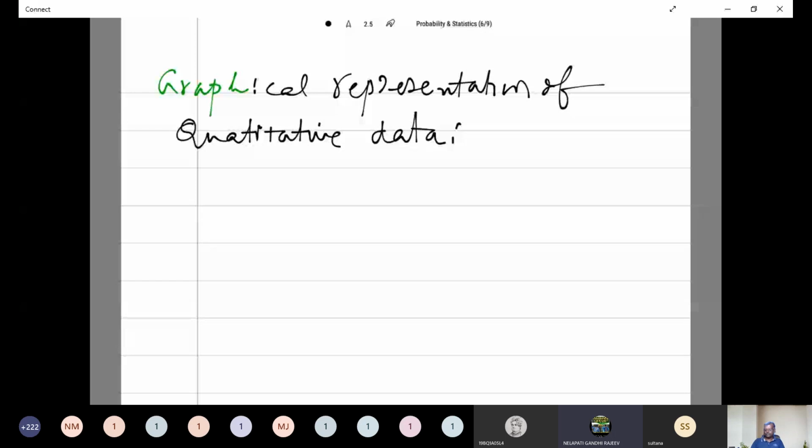Quantity means it is having numbers. That means a frequency distribution for quantitative data.